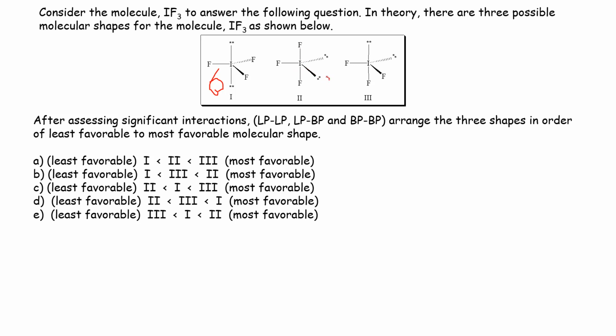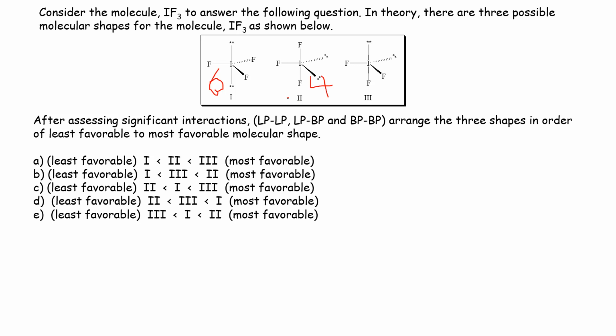So for this lone pair, there should be 2 lone pair bonding pair interactions. Then there are another 2 for this lone pair, again interacting with that bonding pair and with that bonding pair. So for shape 2, there should be 4 lone pair and bonding pair interactions.